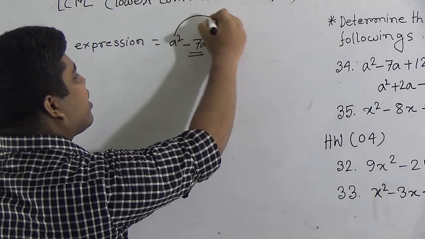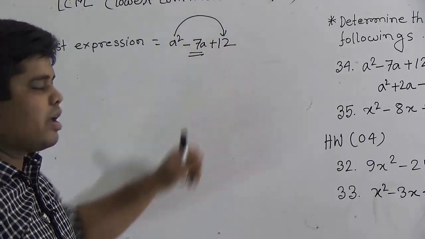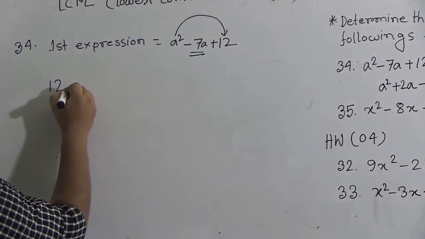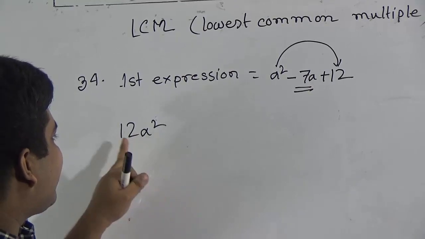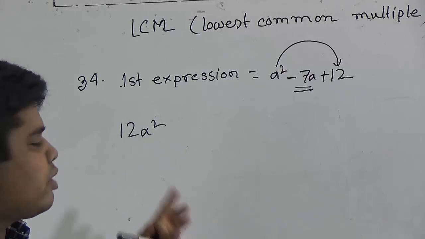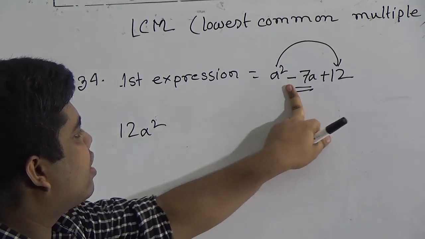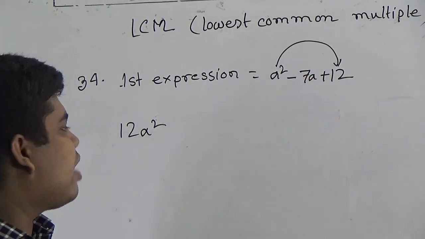At first we multiply a square with 12. If we multiply these two, then we get 12a square. After that we break this such that their multiplication will be 12a square and their addition will be minus 7a.